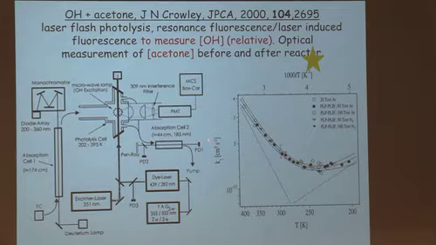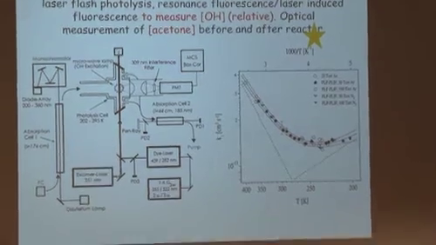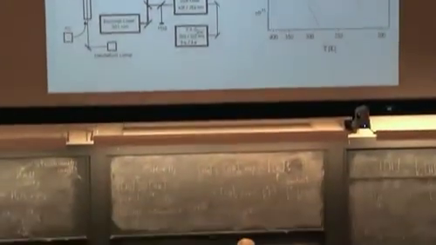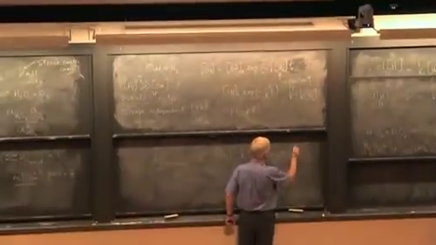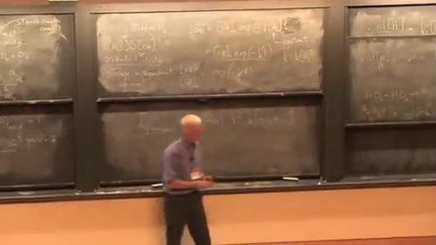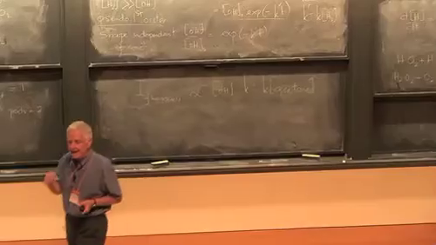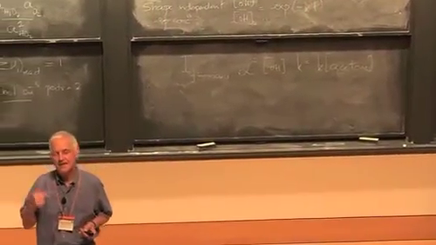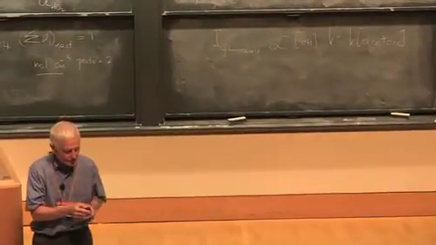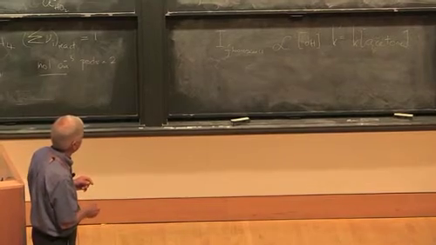But the key thing here is that the pseudo first order rate coefficient that you get out, K prime, is now going to be equal to the rate coefficient times the concentration of acetone. And any systematic errors in your measured acetone concentration are going to be reflected in the rate coefficient.